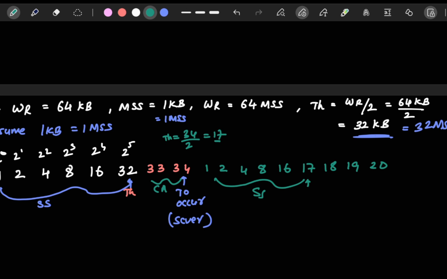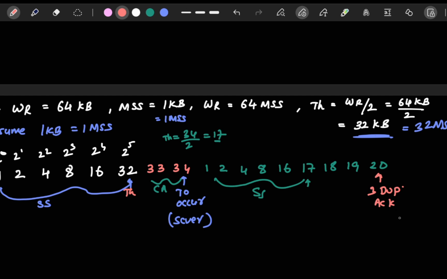Now assume at 20 we have 3 duplicate acknowledgements. That means when you are sending 20 segments, one of the segments is lost, and after that we have received 3 segments, so we got 3 acknowledgements back.